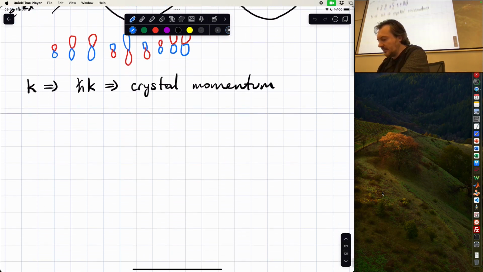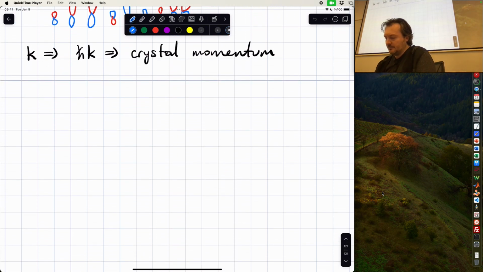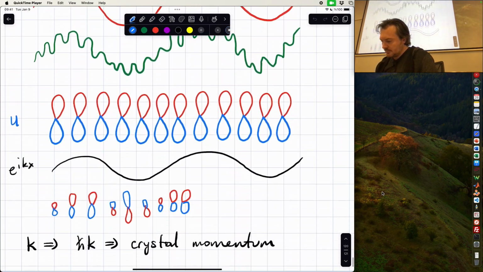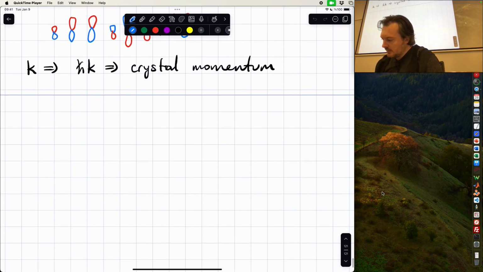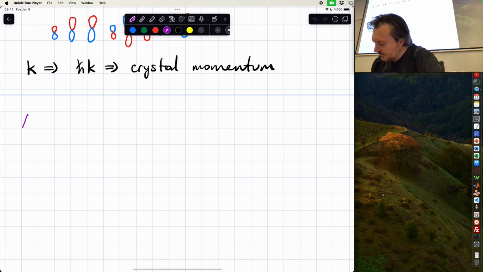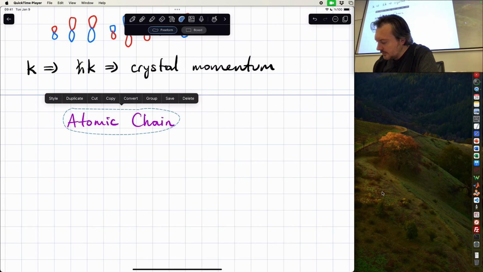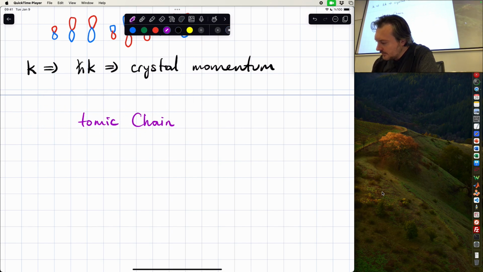Let's start with a very simple crystal. Let's look at an atomic chain. I can also call it a monoatomic chain.